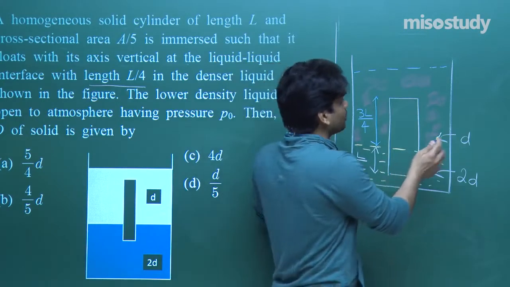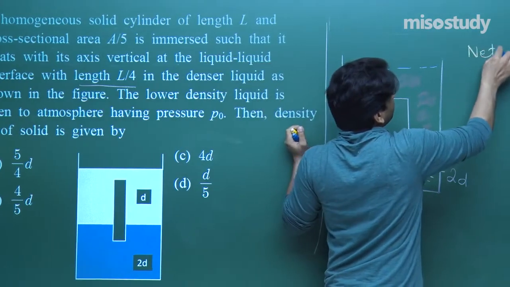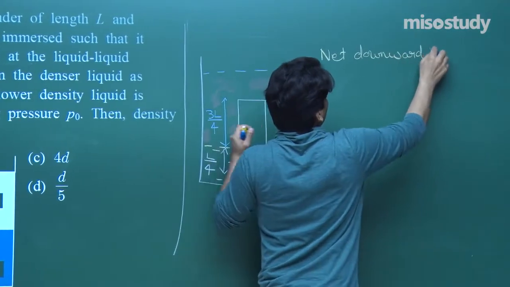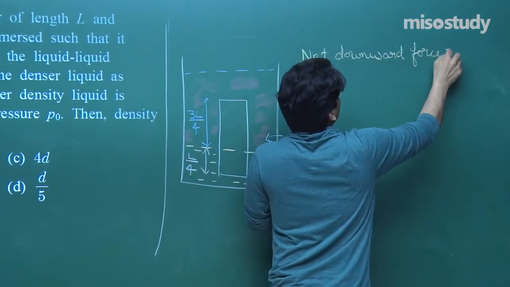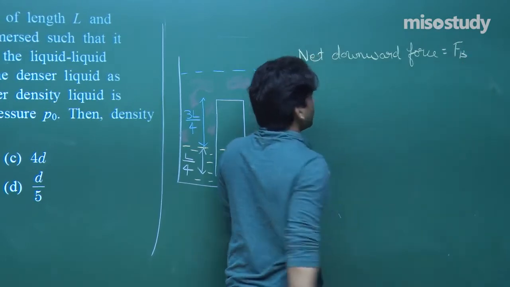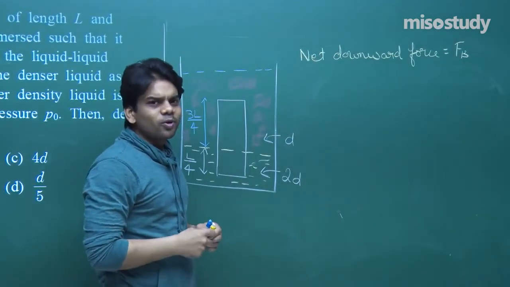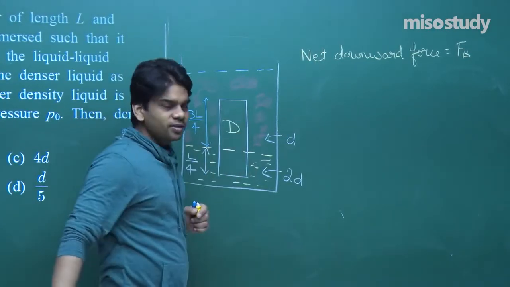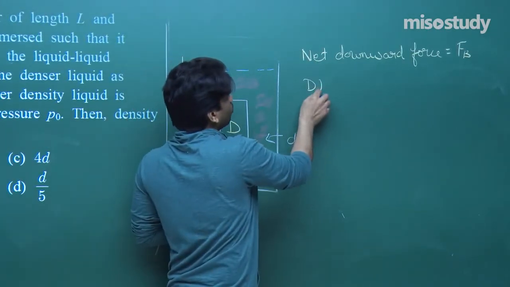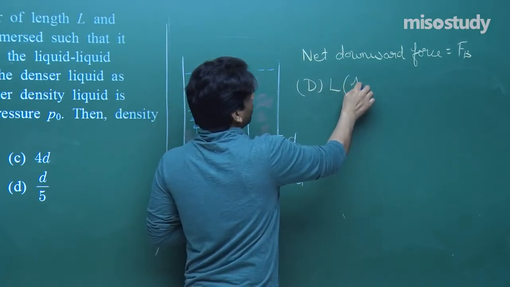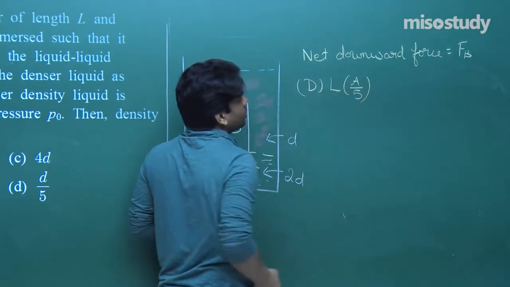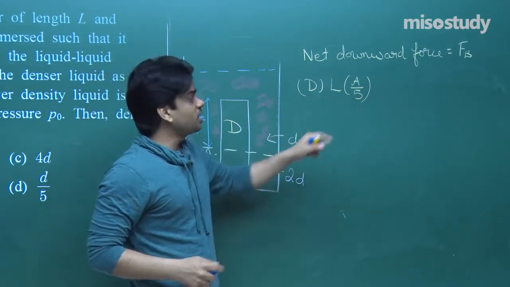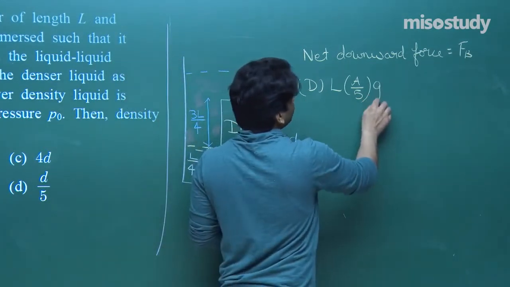The net downward force is equal to the buoyant force. Downward force will be only the weight of the body, and let's say its density is given as capital D. So density D into volume, that is length L into area of cross section A by 5. We got the volume, then we got the mass, and after that multiply with g.